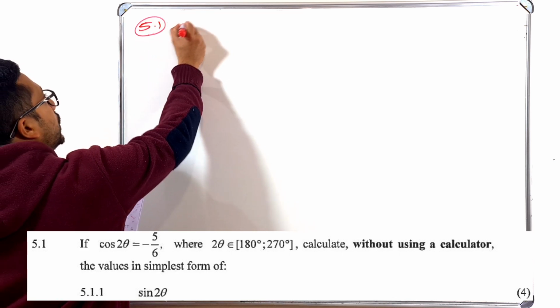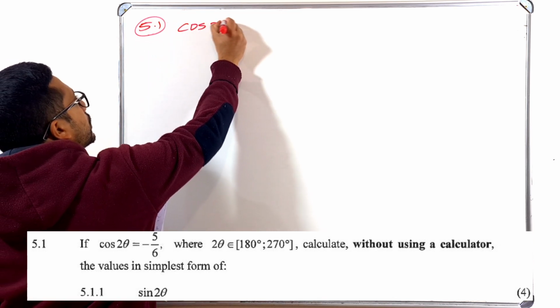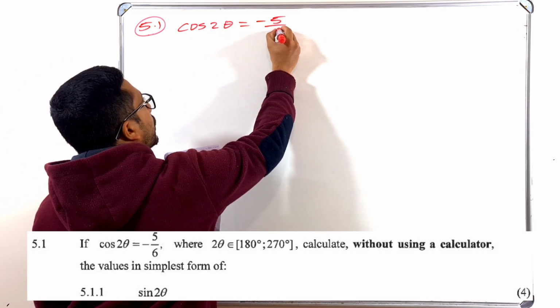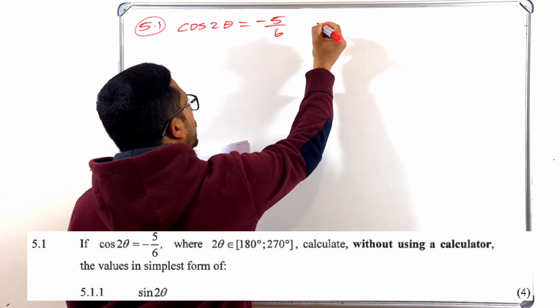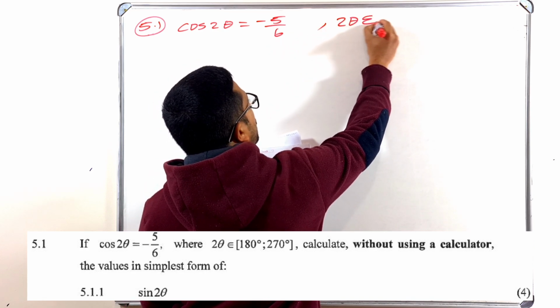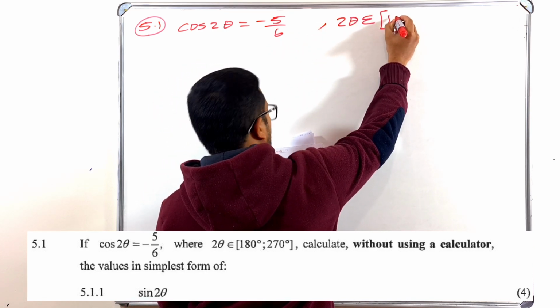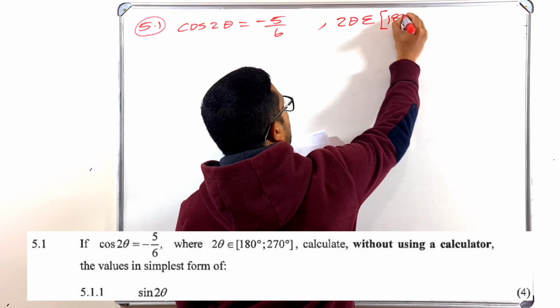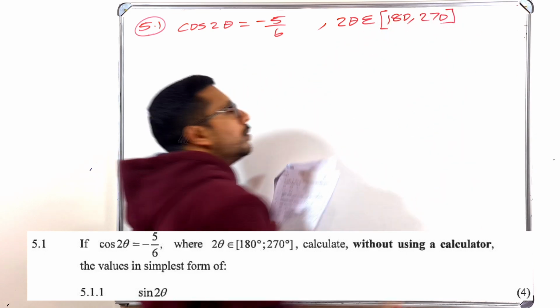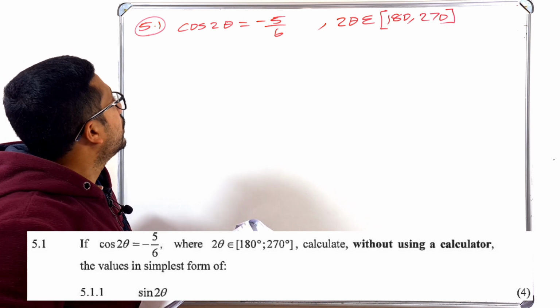If cos 2 theta is minus 5 over 6, and the condition is that 2 theta is an element of 180 to 270. So this is the given trigonometry.